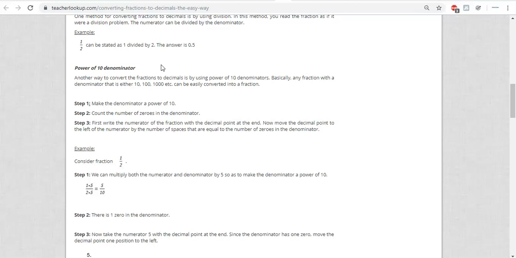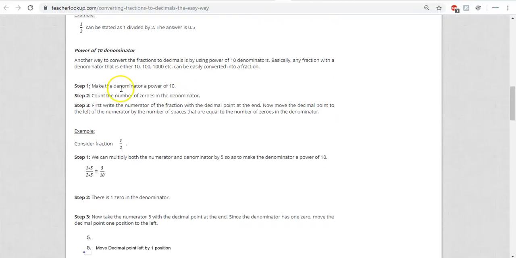And next is the power of 10 denominator. Another way to convert fractions to decimals is by using the power of 10 denominators. Basically, any fraction with a denominator that is 10, 100, 1,000, etc. can be easily converted into a decimal. Step 1.